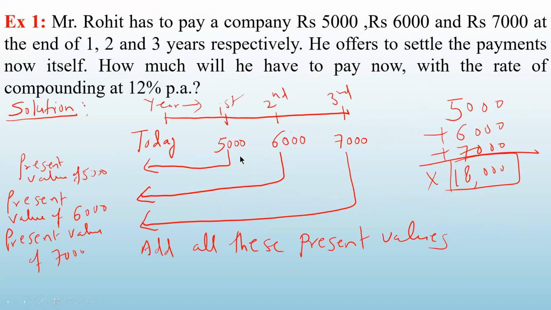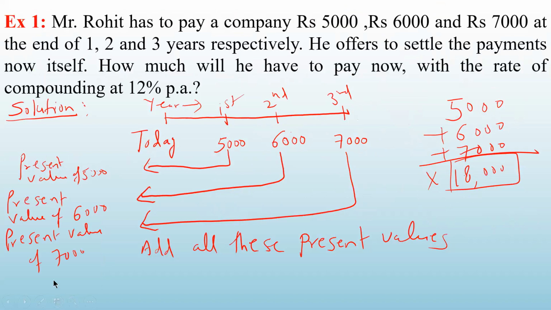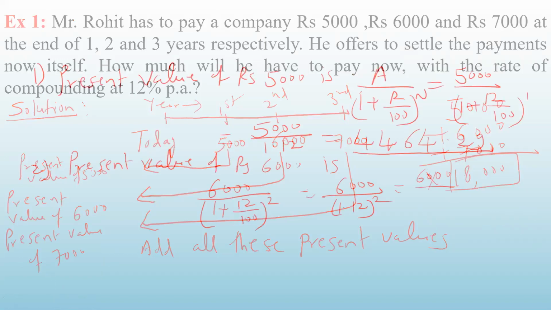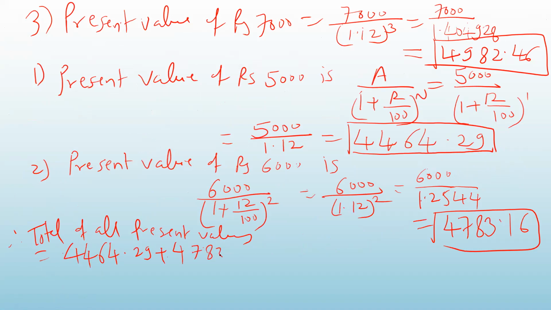So the present value of 5000, it was 4464.29 plus, for 6000 it is 4783.16, and for 7000 it is 4982.46.